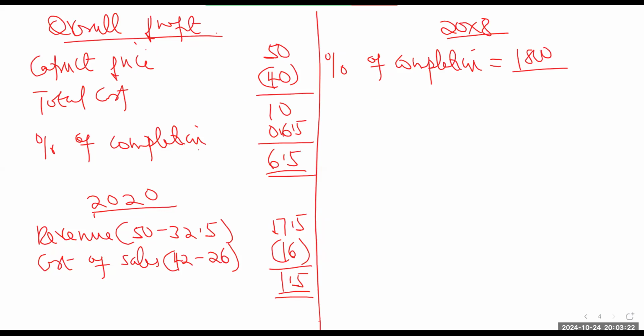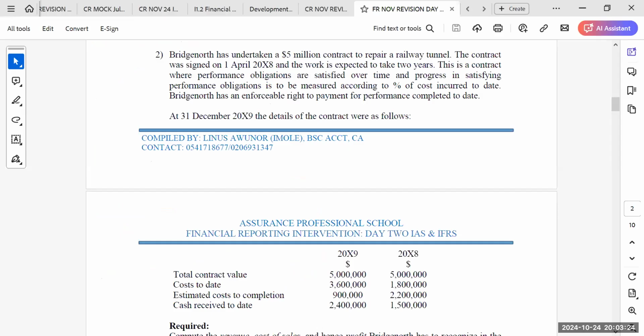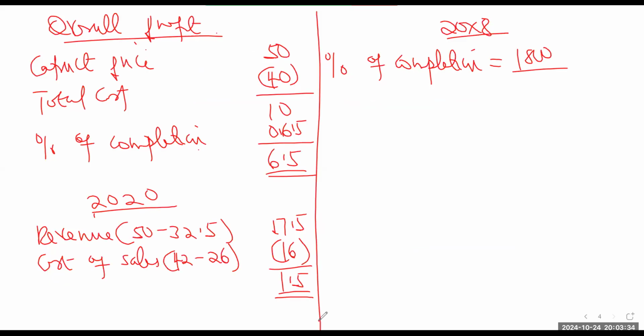We have incurred 1,800 and we are expecting an additional 2,000 and we are expecting to incur a total cost of 4 million over the 2 years.